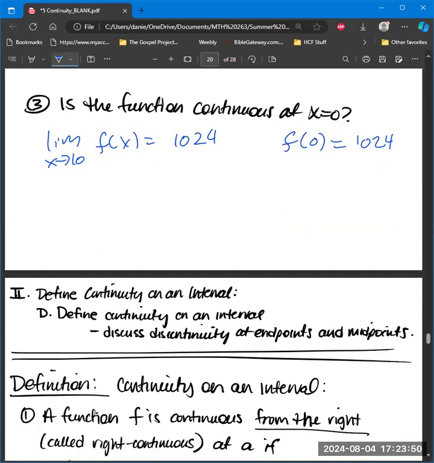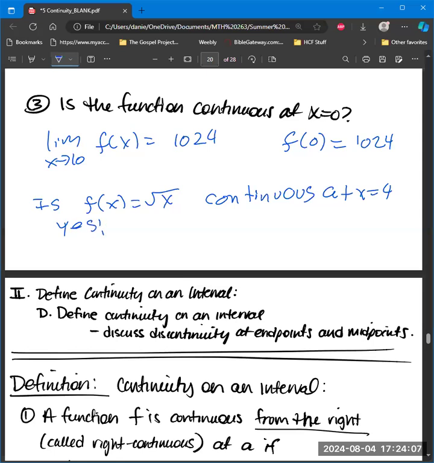Another question here before we go on is the function f of x equals the square root of x continuous at x equals 4?